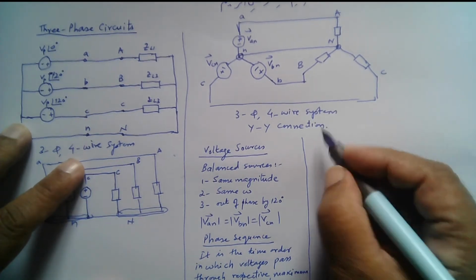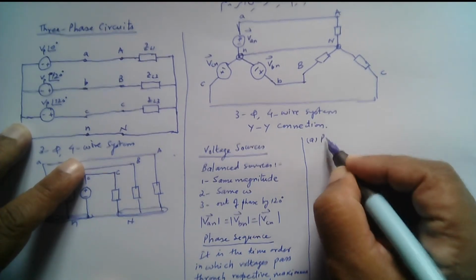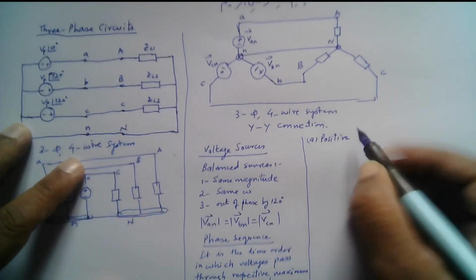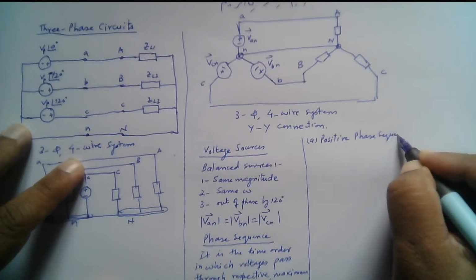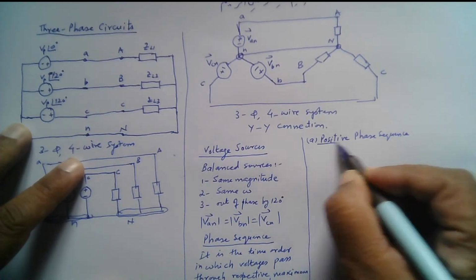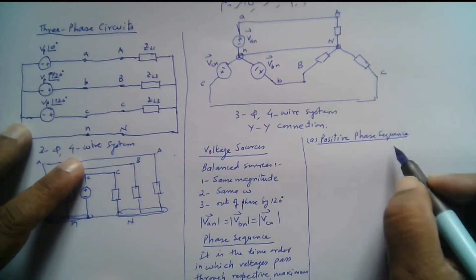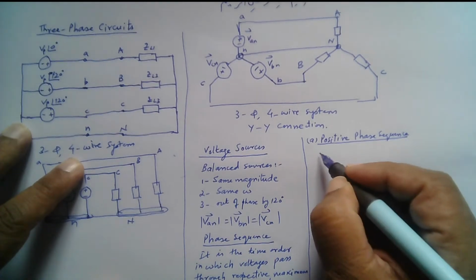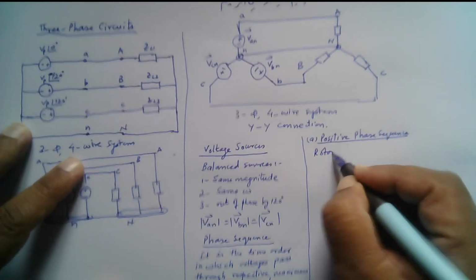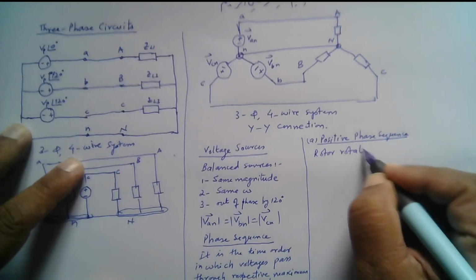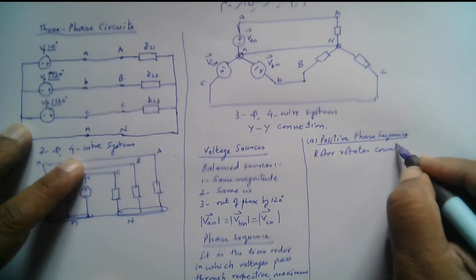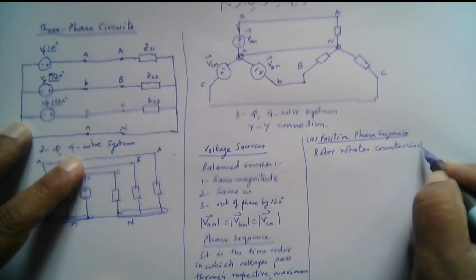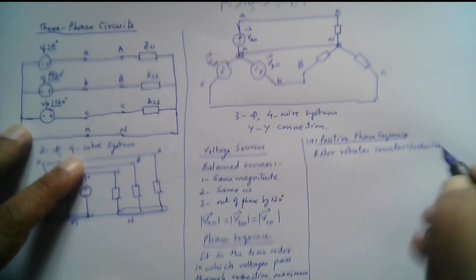So for example, we can have a positive phase sequence, and we can have a negative phase sequence. If we have a positive sequence, in this case the rotor rotates counterclockwise, right?